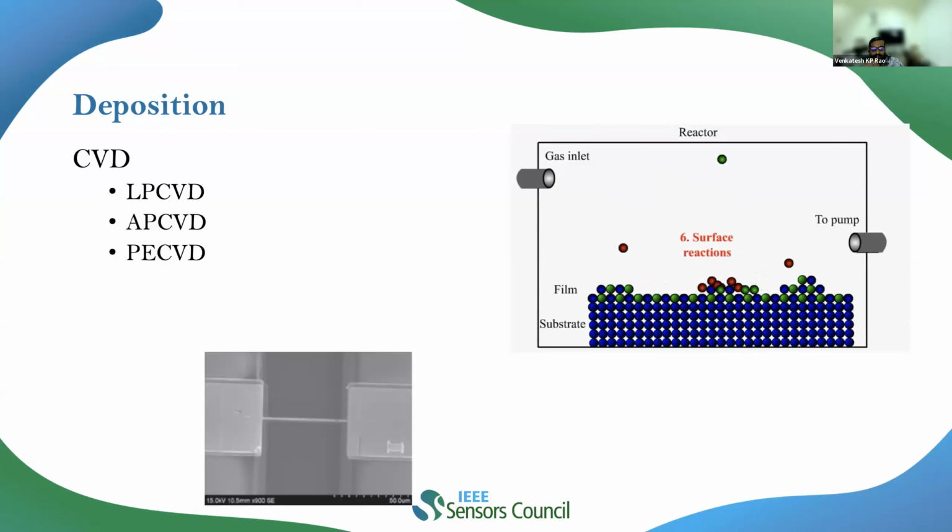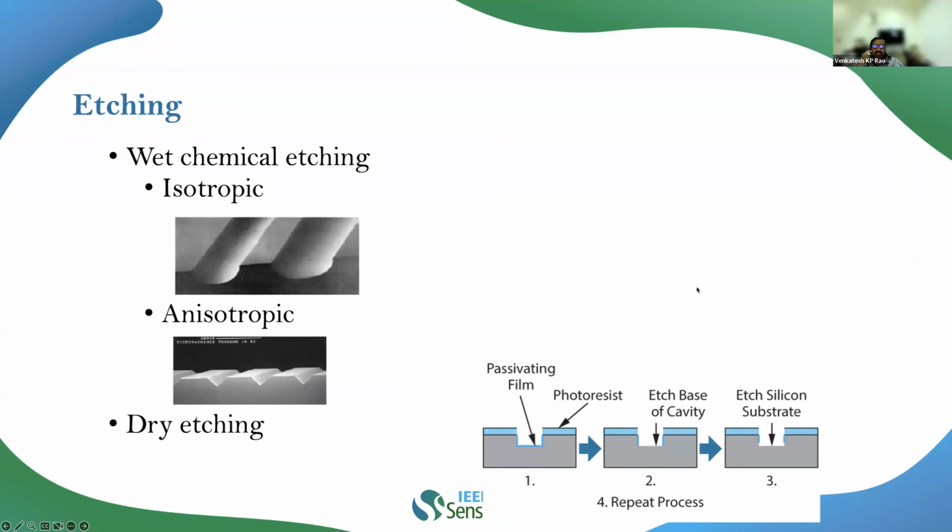Now the surface reactions will take place and the desired products will be pumped out. And this is one of the fixed beams we can realize using the CVD process. That is the case of deposition.